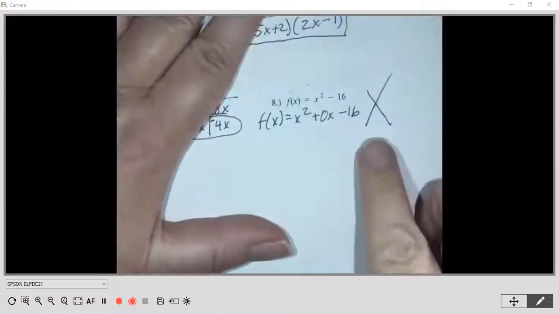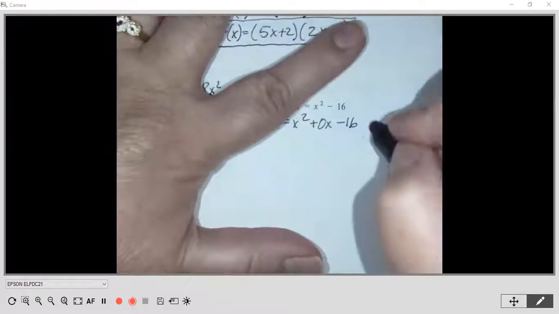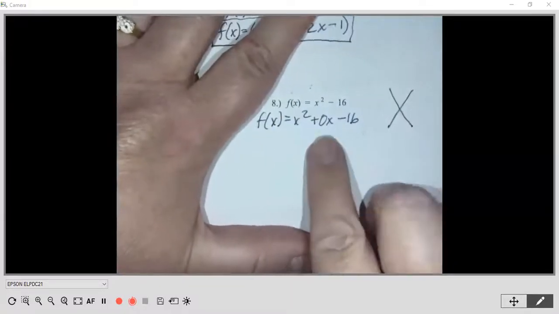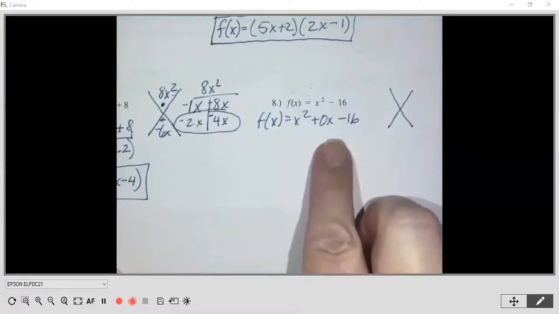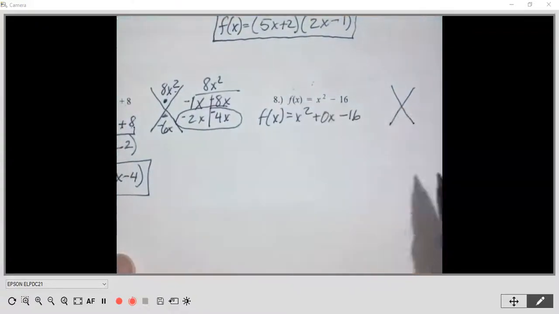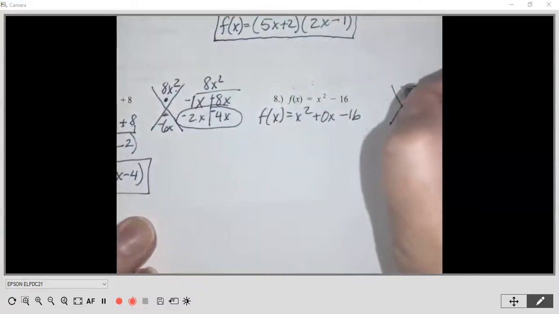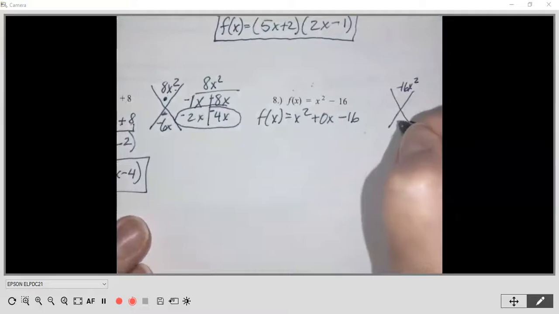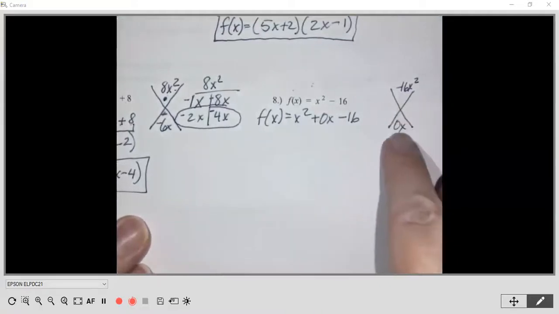So our b term is going to cancel out, meaning like we have a positive 4x and a negative 4x basically. But let's show that algebraically. So AC is going to be negative 16x squared, and our b term is 0x, meaning these two are opposites. They add up to 0x, or they add up to 0.